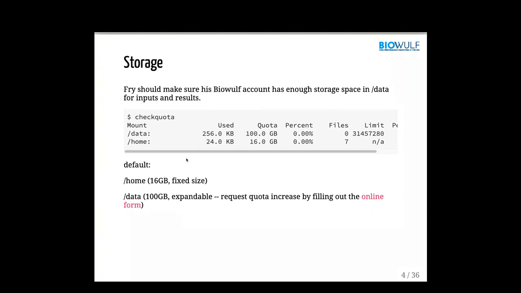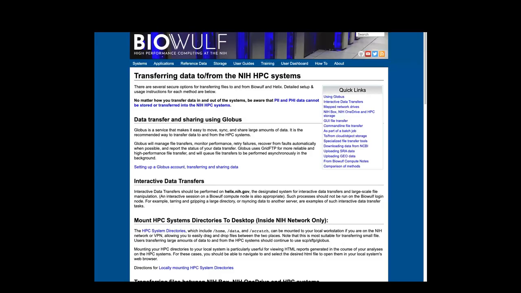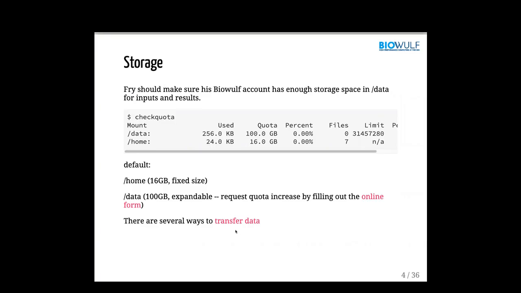In this case, Fry should plan ahead before starting any data analysis on HPC. And again, there are several ways to transfer data. You can use SCP or Globus, depending on how many files you transfer and the size of your files.